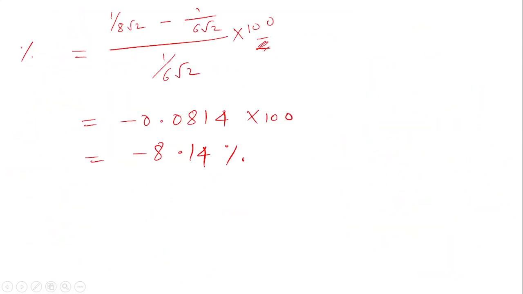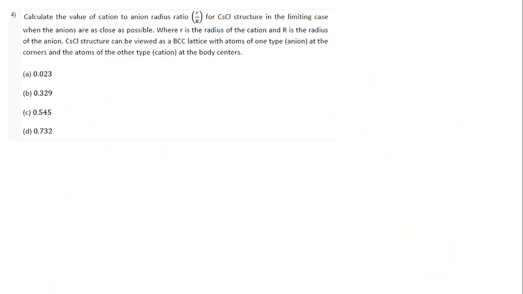Okay, next question. Calculate the value of cation to anion radius ratio for CsCl structure in the limiting case when the anions are as close as possible, where r is the radius of cation and R is the radius of anion. CsCl structure can be seen as a BCC lattice.